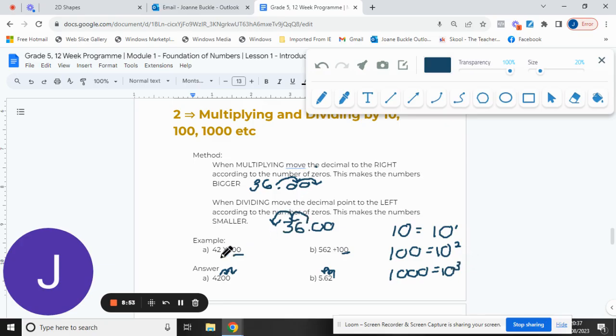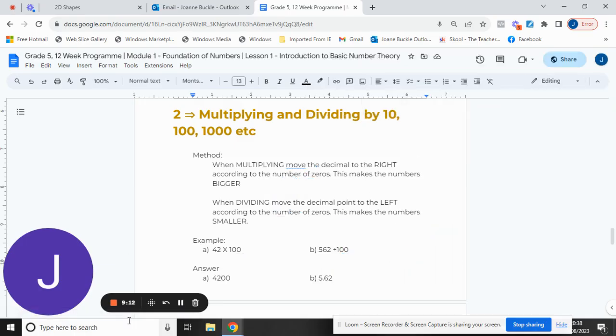So if your calculation, rather than say 42 times 100, could say 42 times 10 squared, because 10 squared is the same as 100, that would still mean you'd be moving it 2 places. 1,000, 10 cubed, you'd be moving it 3 places, etc. Okay, so that's multiplying and dividing by powers of 10, 10, 100 and 1,000.